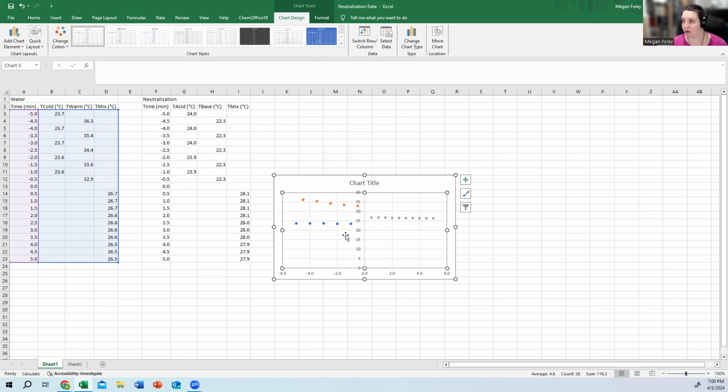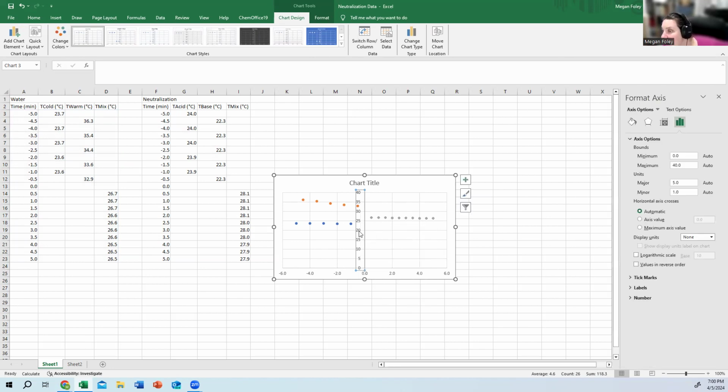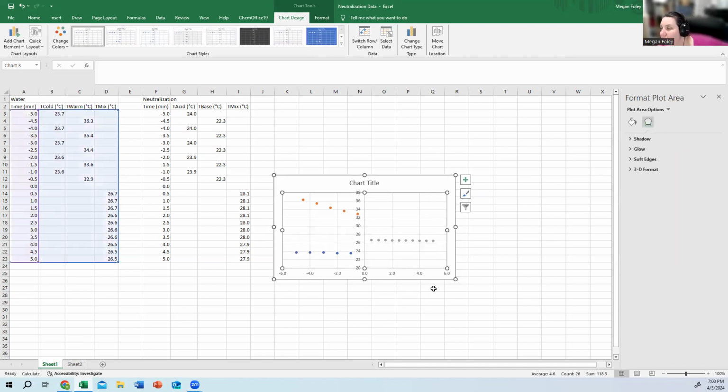Now, we want to zoom in on our data, and that's the first thing I do. So I'm going to click on my Y values, double click or right click, and go to Format Axis. And I'm going to start at about 20 and see what that looks like. And that's pretty decent. We can also have this axis cross over here instead of in the middle.